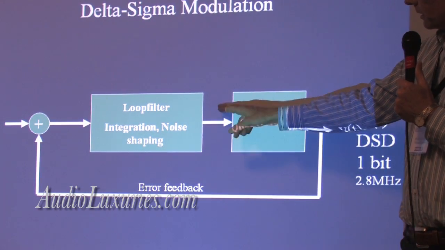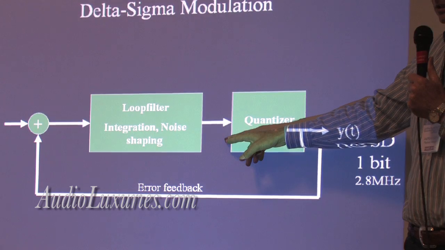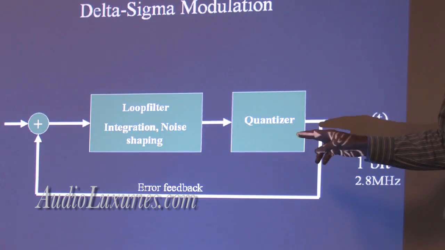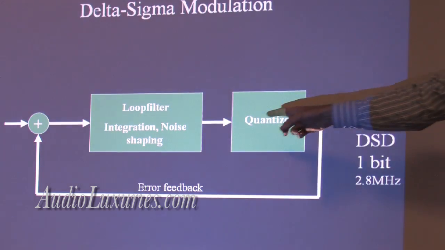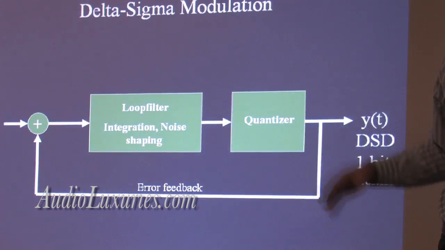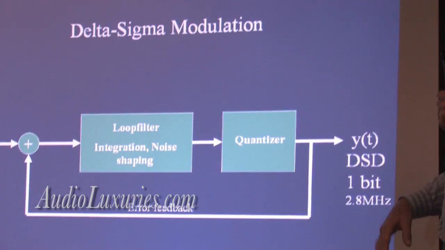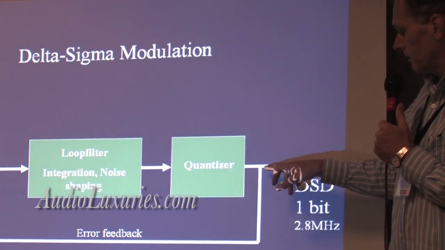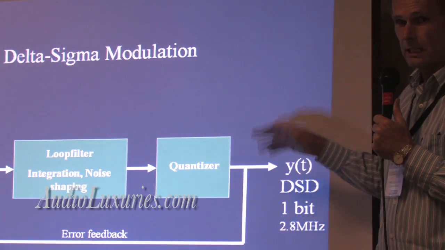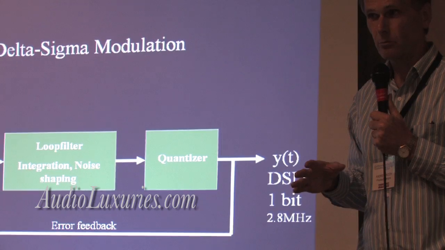But out here, we still have PCM, and at that point we go into the quantizer, and if that resolution here is 48 bits or whatever, we basically throw away 47 bits and we come out with 1 bit. Now, I said throw away 47 bits.